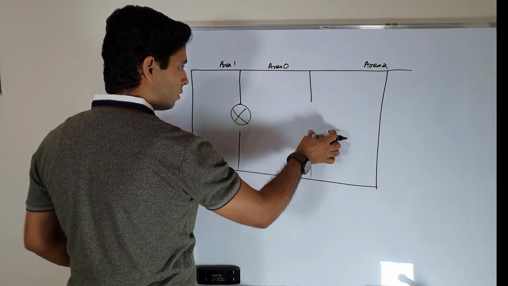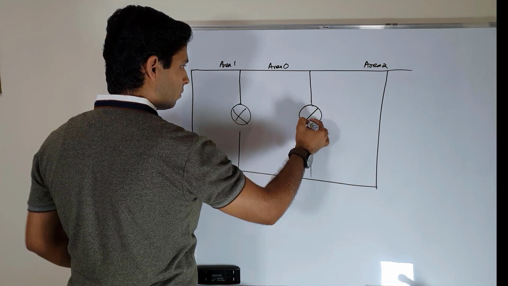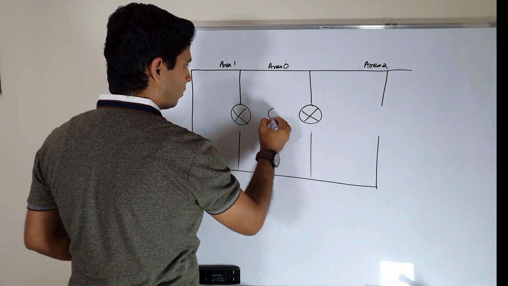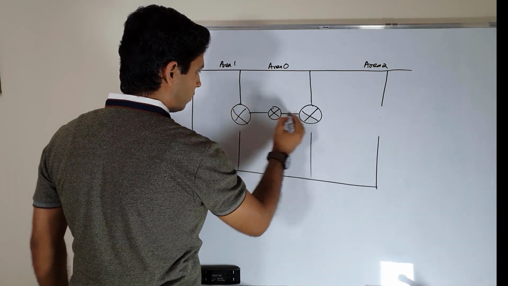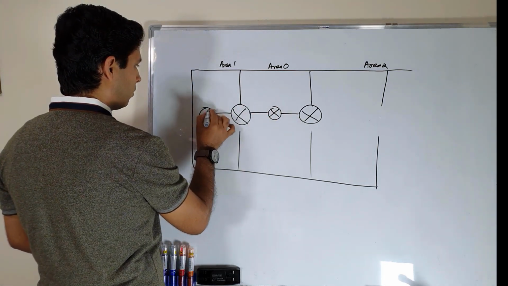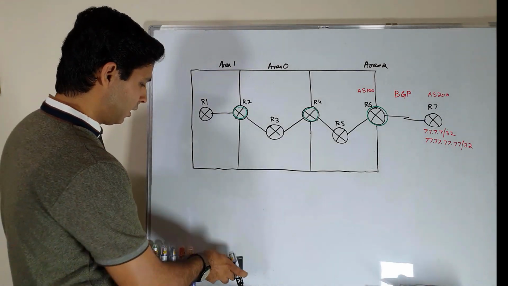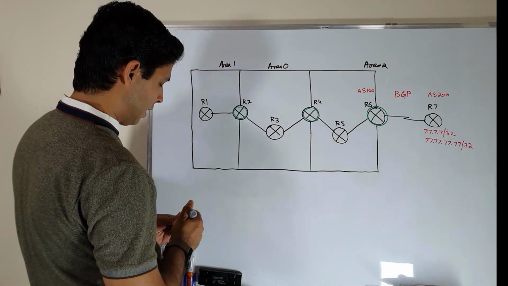We have the routers, these are the internal routers. I'll pause the video until I draw the whole diagram. Okay, I have drawn this simple topology to show you the LSA types.